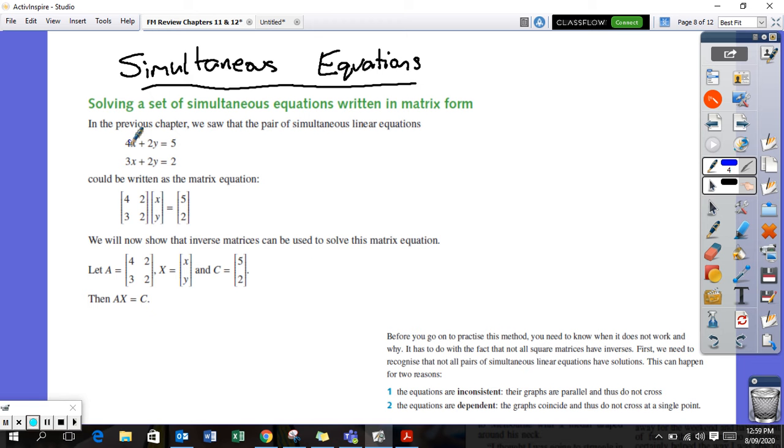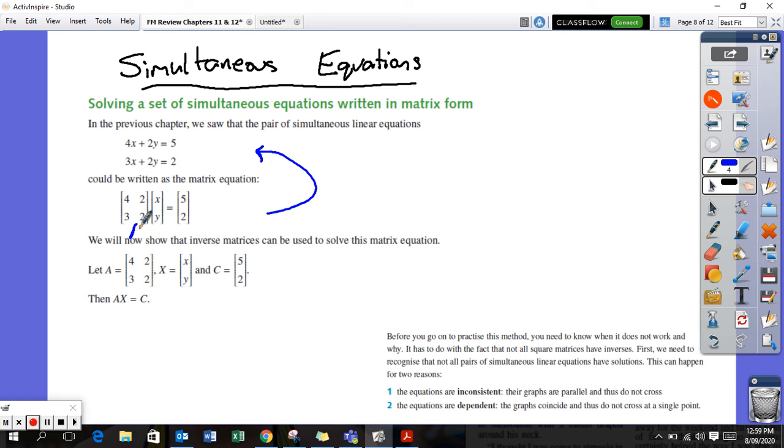If we've got these two simultaneous equations, 4x plus 2y equals 5 and 3x plus 2y equals 2, we can use the coefficients to make a 2 by 2 matrix, and the xy is a 2 by 1 matrix, and the solution is a 2 by 1 matrix. If we multiply this out, we get 4x plus 2y equals 5 and 3x plus 2y equals 2, and we get back to that situation.